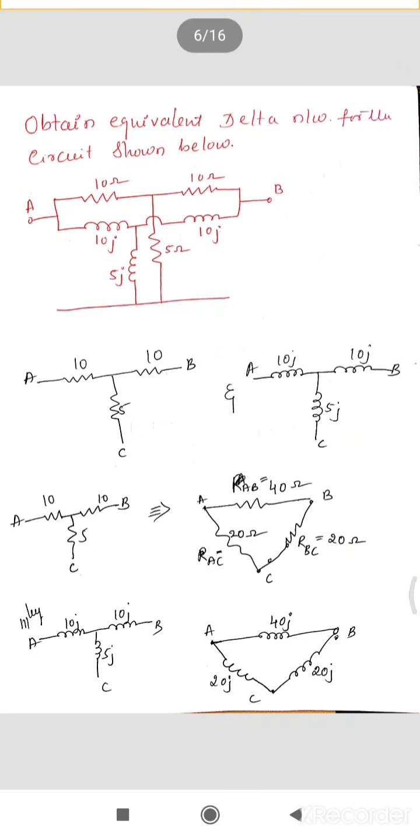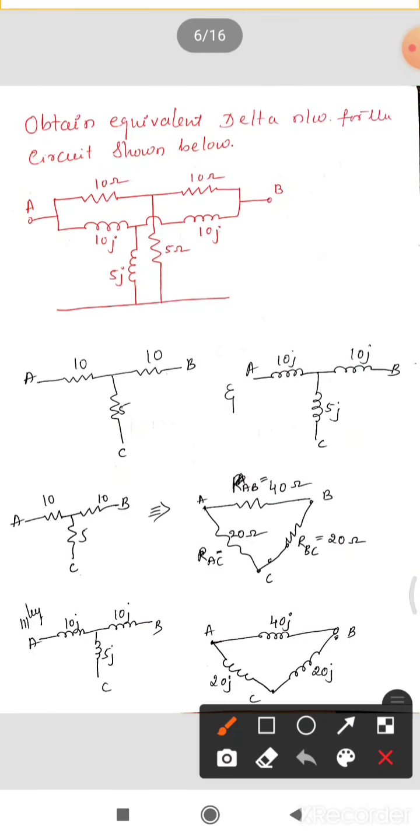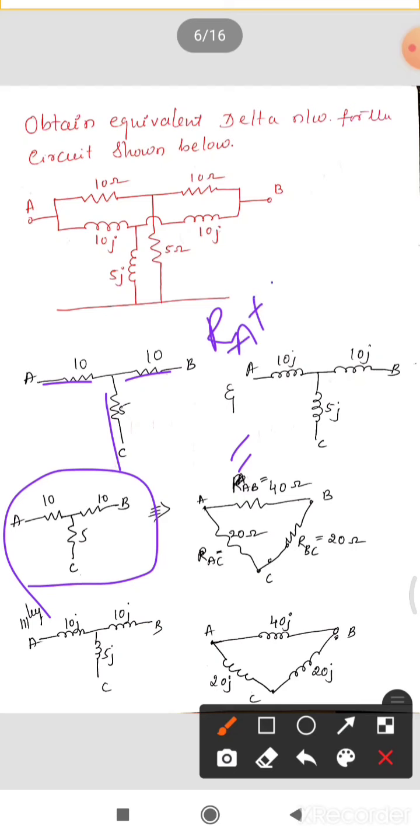Let's take the first star connected network, that is 10 ohm, 10 ohm and 5 ohm. As we know, the formula to calculate RAB is RA plus RB plus RARB divided by RC. I hope you remember this formula.